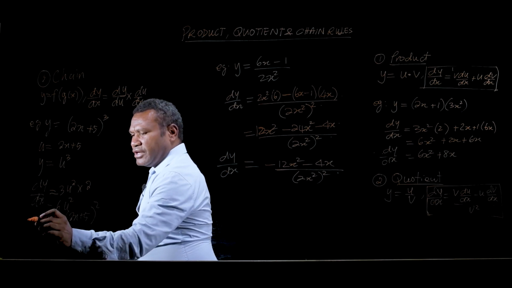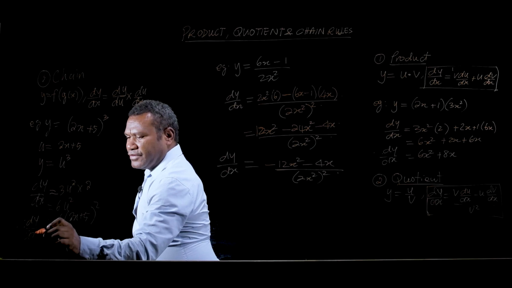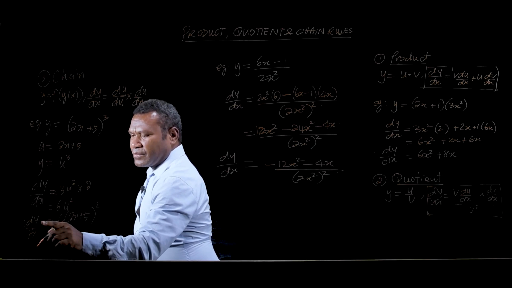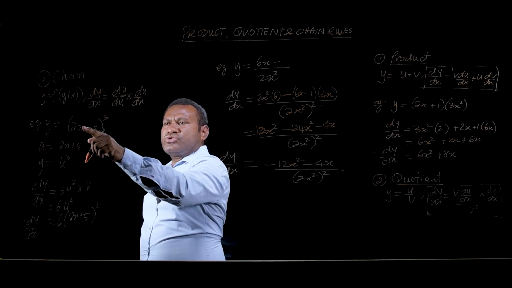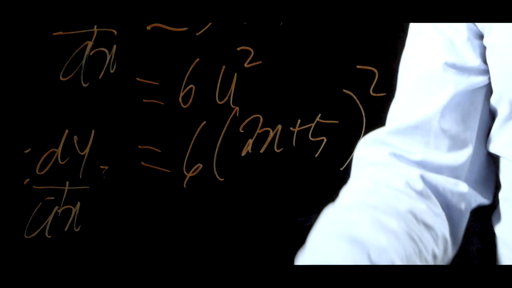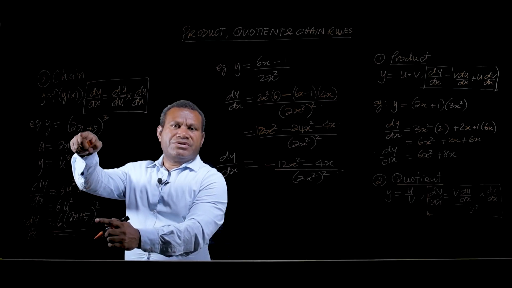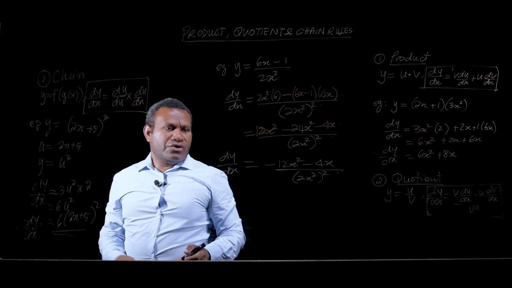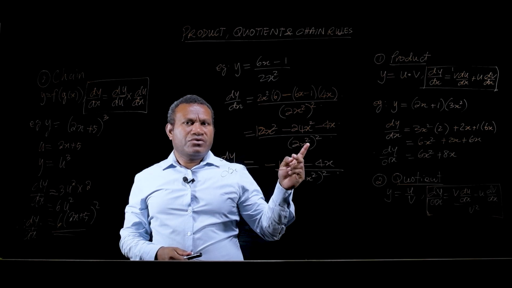So therefore, the derivative of the function y equals 2x plus 5 raised to the power of 3 is this. Right, so this is the derivative of this function using chain rule. Okay, so in today's lesson, what we have learned is the 3 different rules.